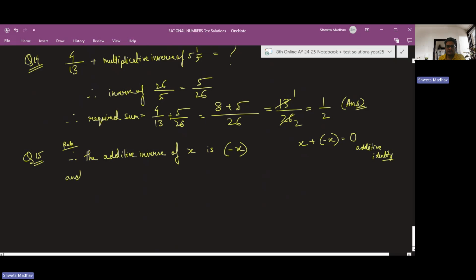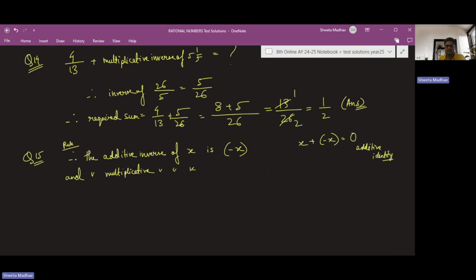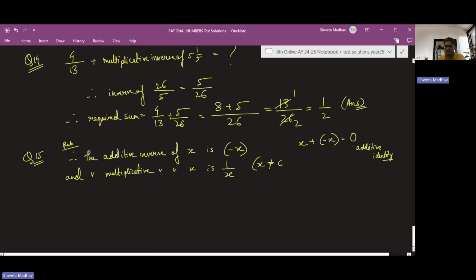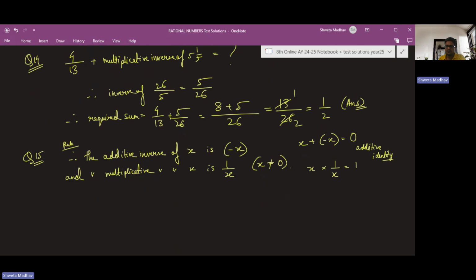And the multiplicative inverse of x is obviously 1 by x, provided that x is not equal to 0. Since if we multiply x with 1 by x, we will get 1 if x is not 0. So 1 is the multiplicative identity.